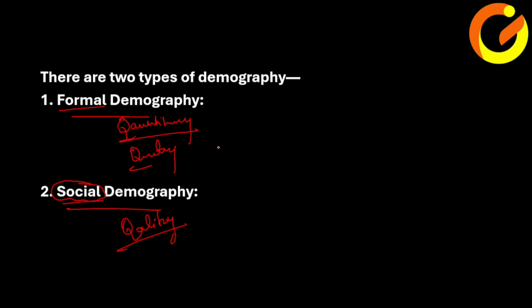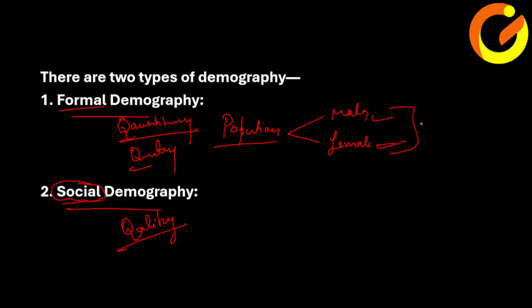In formal demography, that is the statistical analysis of the population, we collect the statistical data of the population of a particular region, and in that population how many males are there, how many females are there. You getting the point? And out of the number of females and males, how many are youths, the number of old age.